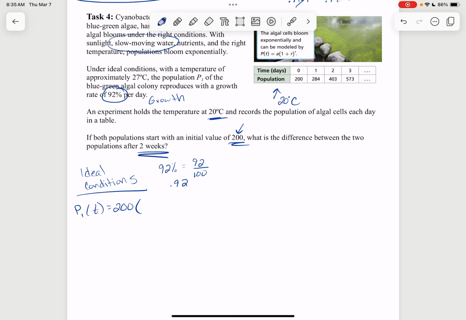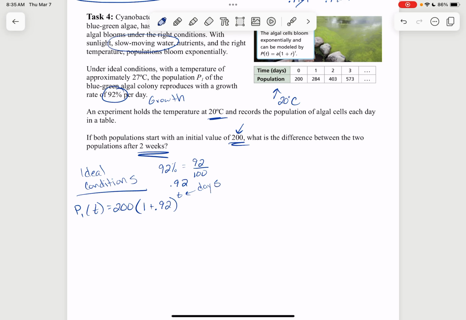So that's how much it grows by. So 1 plus 0.92 to the t, where t is in days. T is per day.